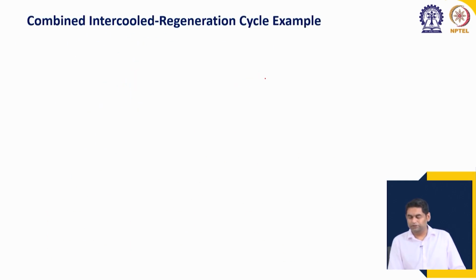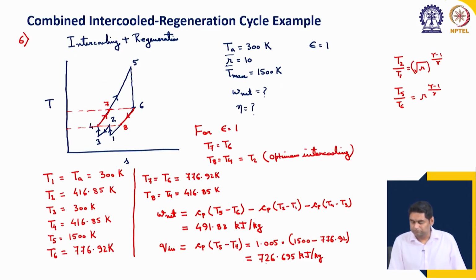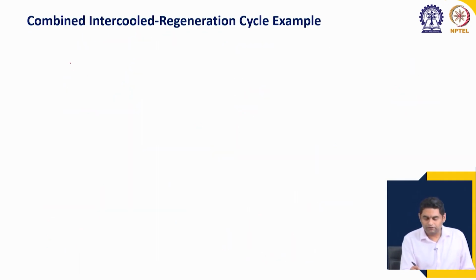Now, it has decreased because of regeneration by a significant amount, by about 1/3 of the heat addition previously required. So, finally, we get the efficiency as net work output by heat addition.